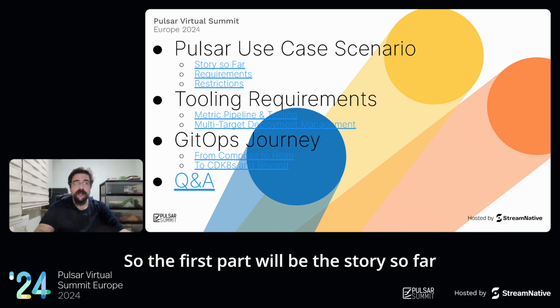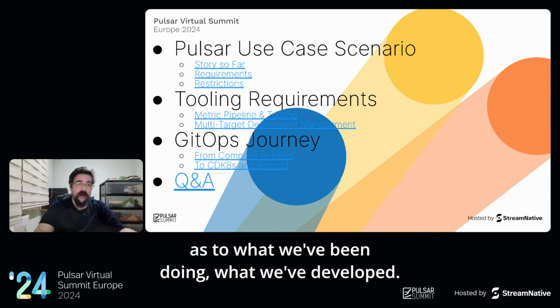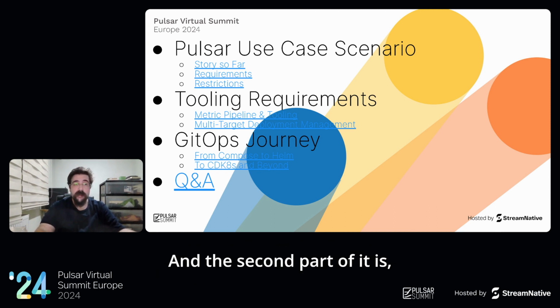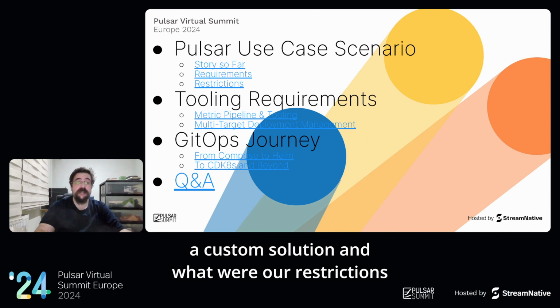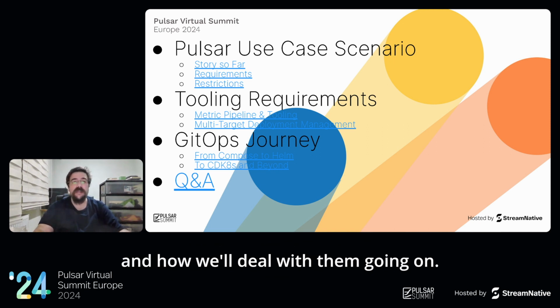The first part will be the story so far: what we've been doing, what we've developed. The second part is, why did we have the need to develop such a custom solution, what were our restrictions, and how we deal with them going on.